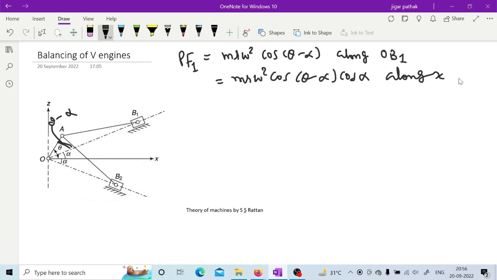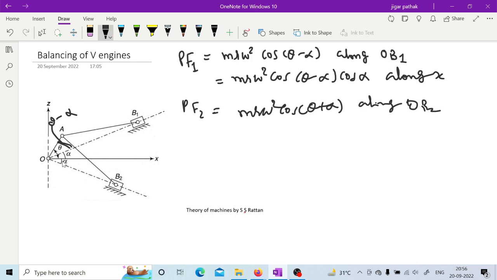Now for the primary force of the second cylinder, that is mr omega square cos (theta plus alpha), right, along OB2. So here this angle they are talking about is theta plus alpha, and if you take the component of that in the direction of x, then it will be mr omega square cos (theta plus alpha) cos alpha along x.